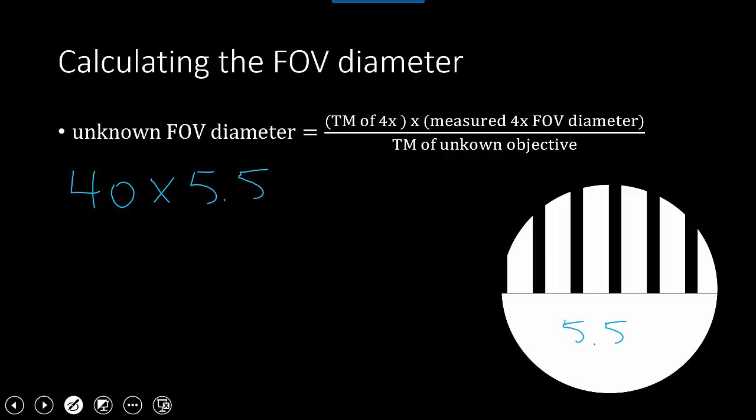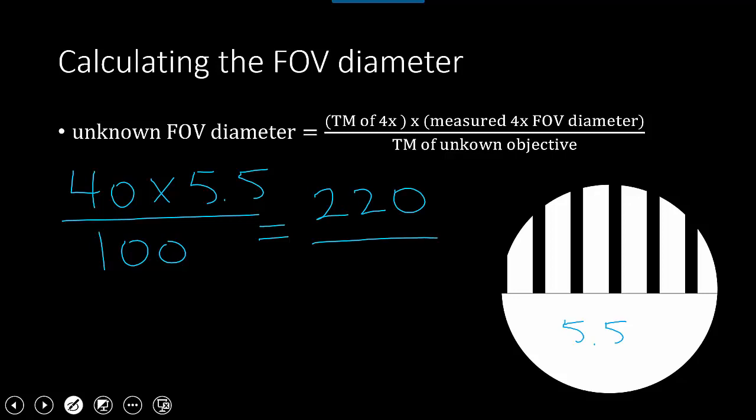Next, we need to divide that product by the total magnification of the objective we want to find the diameter for. Since we want the diameter for the 10x objective, we need to divide by its total magnification, 100. 40 times 5.5 is 220. And 220 divided by 100 is 2.2.